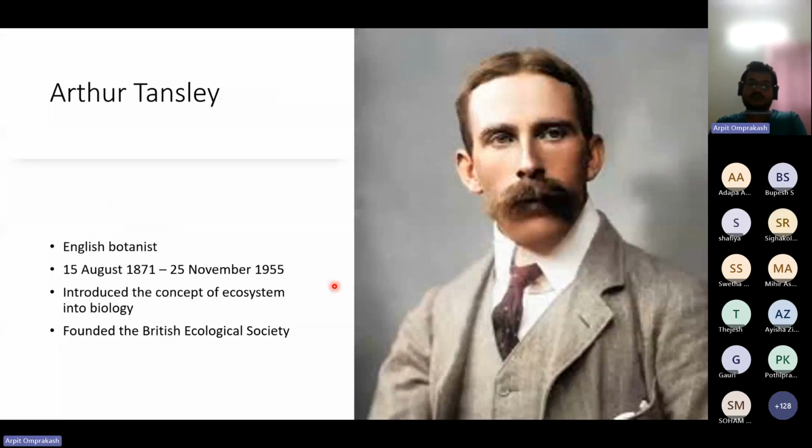Arthur Tansley was an English botanist who introduced the concept of ecosystem into biology. An ecosystem is all the biotic and abiotic factors present around an organism. For example, let's say we are talking about a fish in a pond.